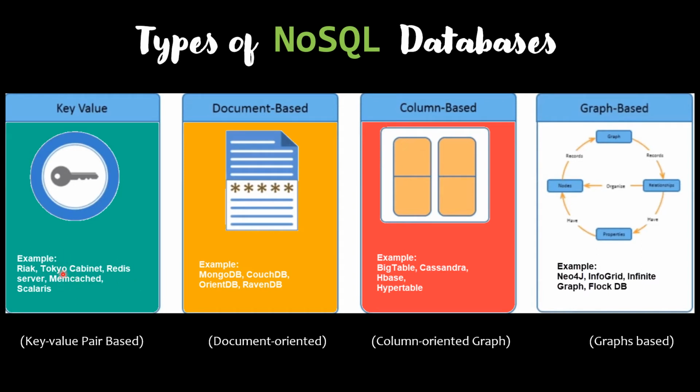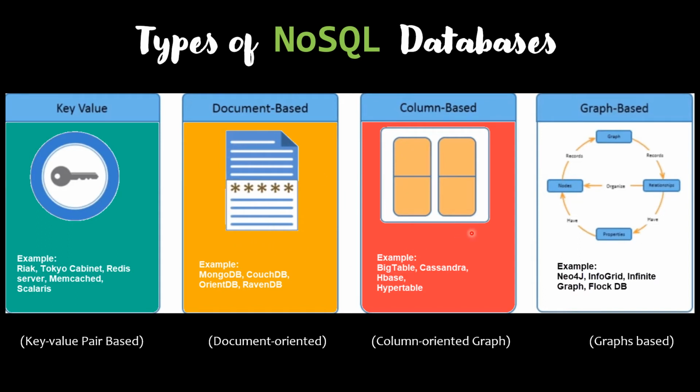I don't know how to pronounce this. Okay, and then we have document base. Examples are MongoDB, CouchDB, OrientDB, and RavenDB. This document base is the most popular database in NoSQL.